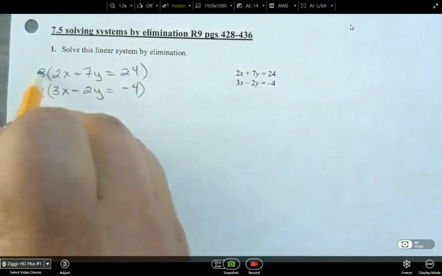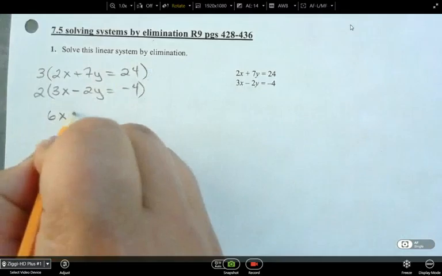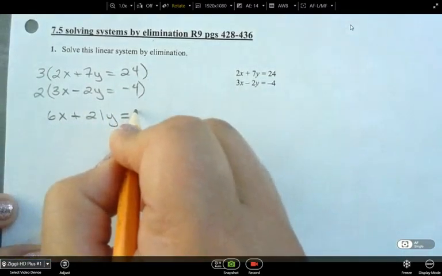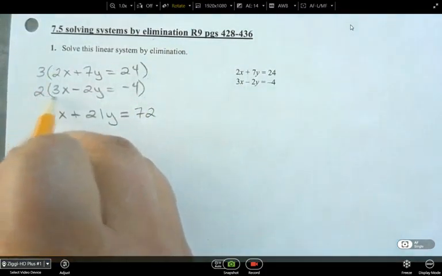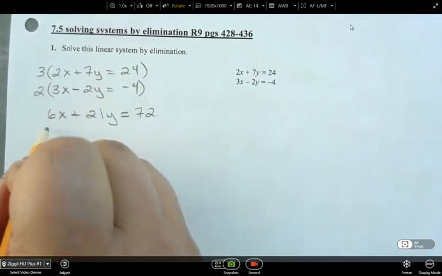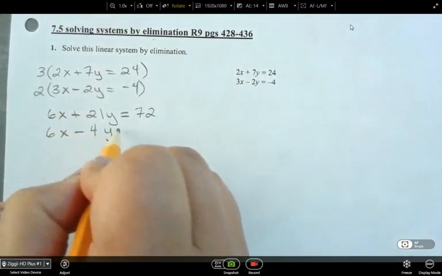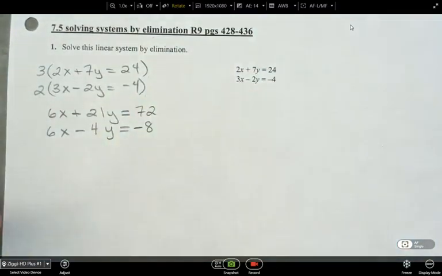So what does this top equation become now? 6x plus 21y equals 72. And then what about this bottom equation? What does it become? 6x minus 4y equals negative 8.